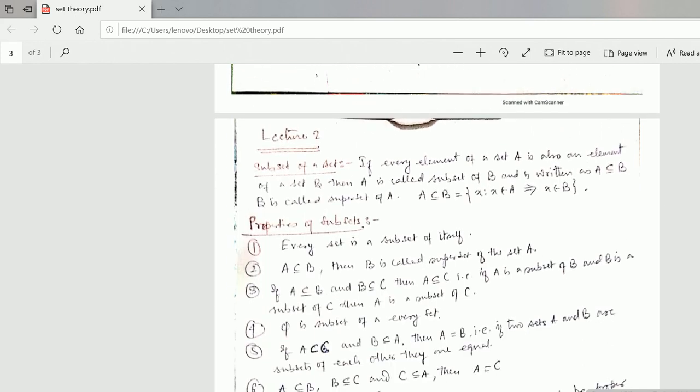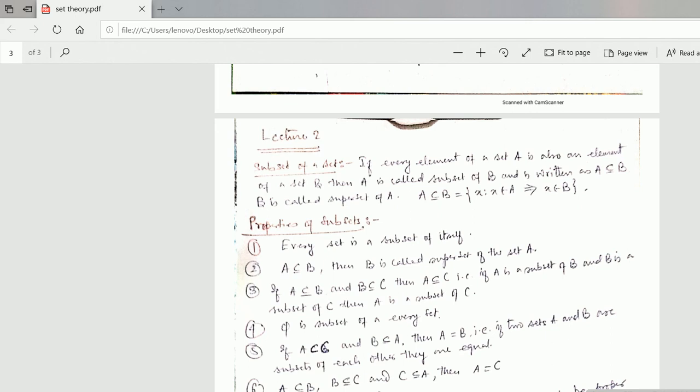Now let us see subsets of a set. What is a subset of a set? If every element of a set A is also an element of set B, then A is called a subset of B and is written as A ⊆ B. See this definition. This is the symbol of subset.